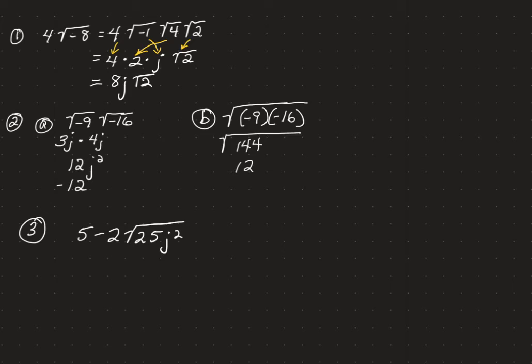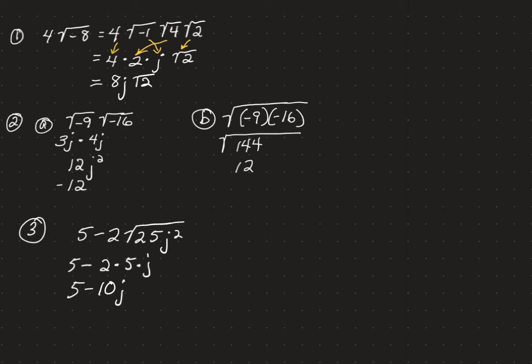We could evaluate that as -1 and continue, but it's under a square root. So let's take the square root. We have 5 minus 2. The square root of 25 is 5, and the square root of j squared is j. So we have 5 minus 10j. That's it. We have a complex number.